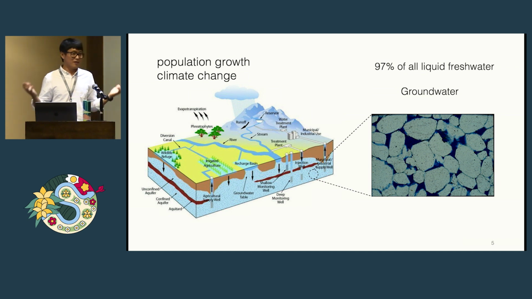So 97% is a large volume of water. It sounds like that's enough for us, but it's a finite volume. With population growth and climate change, the demand for water can drastically increase. For instance, think about the droughts last summer: there was a severe drought in the US, especially in California, but in many other parts as well.